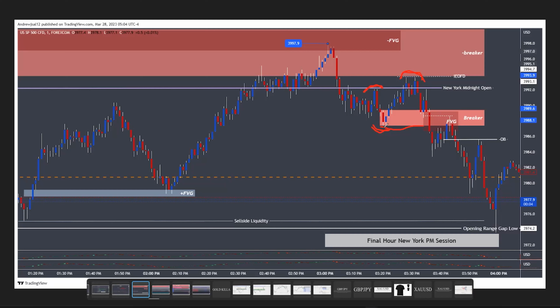Okay. So this is our swing low. We also get a market structure shift here. We also get a market structure shift here with a small gap in there. Entry, back down. Okay.